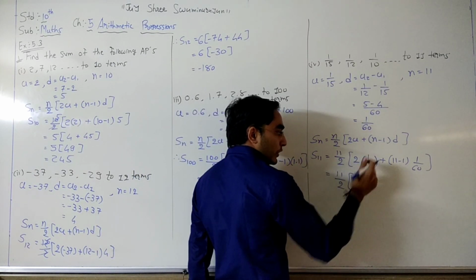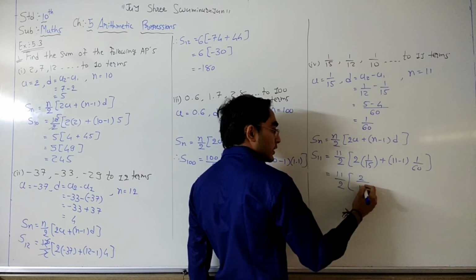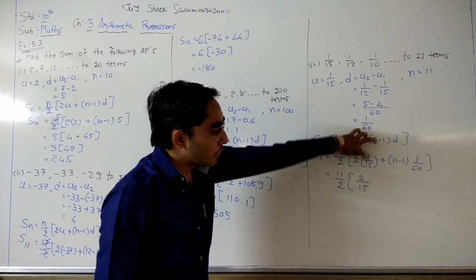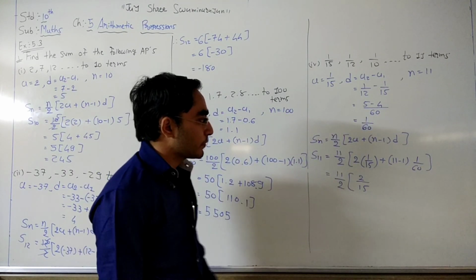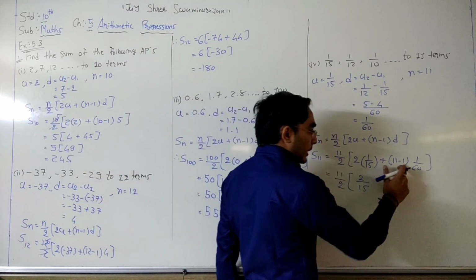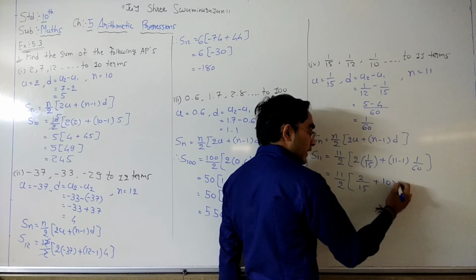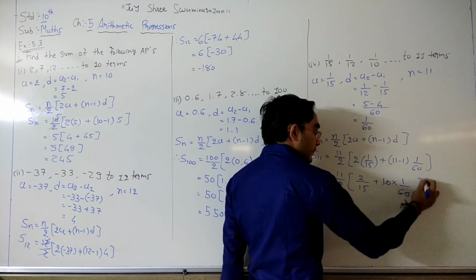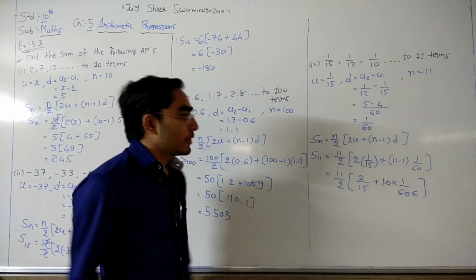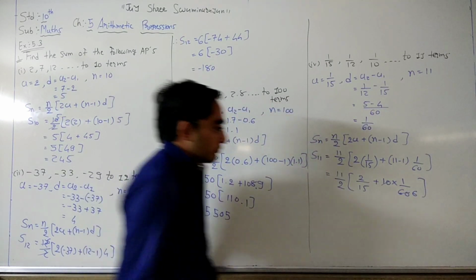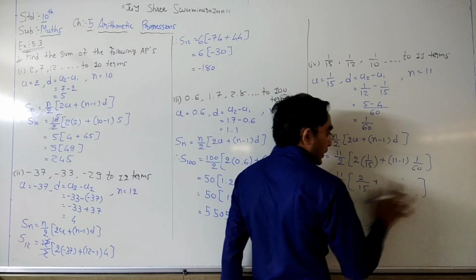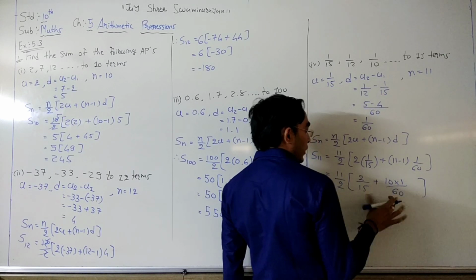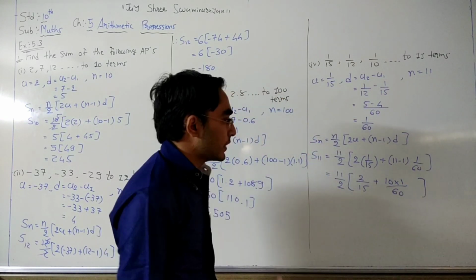Okay. Now here 11 by 2. Now here 2 1s are 2, divided by 15, right? Numerator with numerator, 2 1s are 2, denominator 15 as it is. Now here 11 minus 1, 10, and here we have 1 by 60. Just put it as it is, because here we need to take the LCM, right?